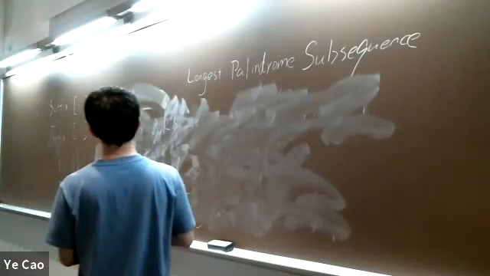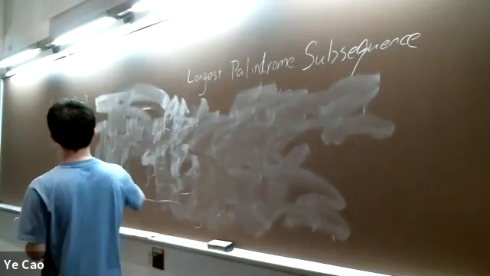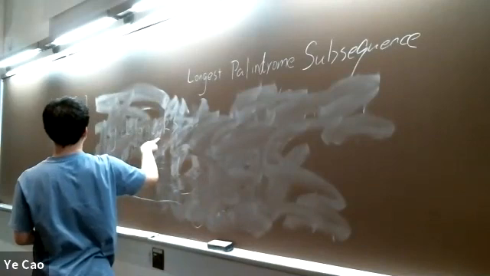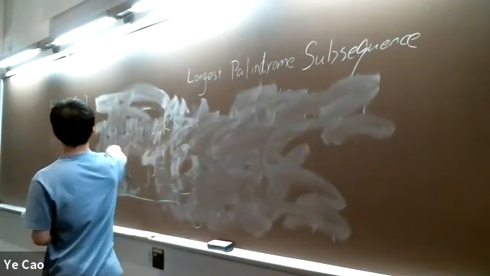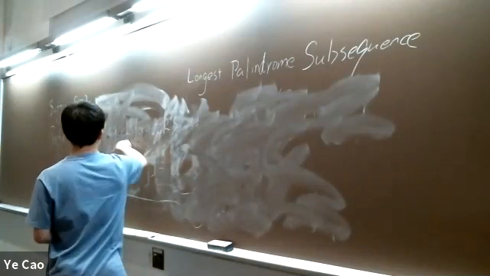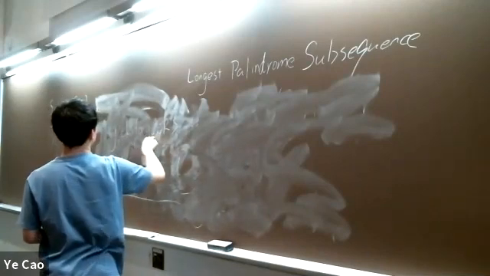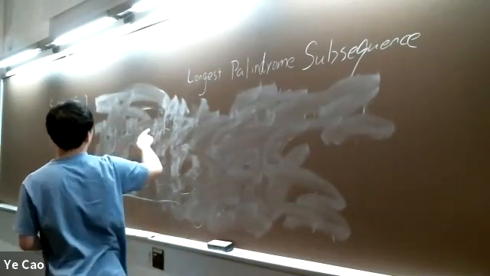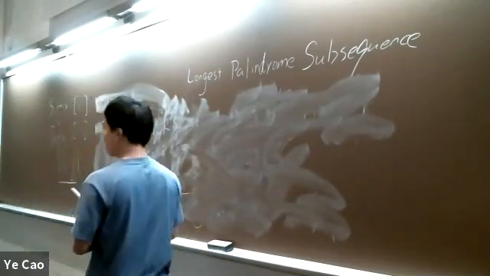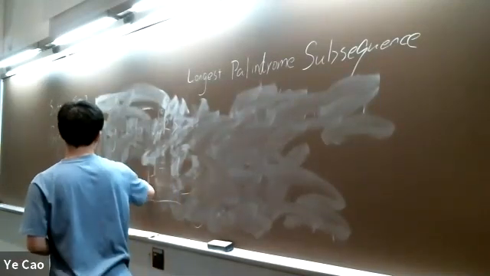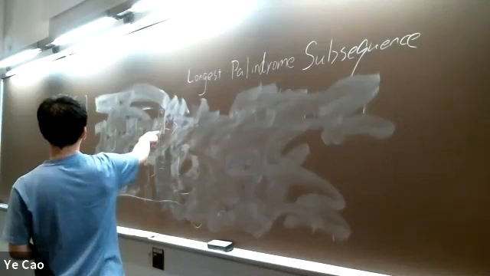For example, given that this E is at index 1, and this last E is at index 10. Let's use an inclusive notation here, so starting at index 1 and ending at index 10, the last E is at 10.